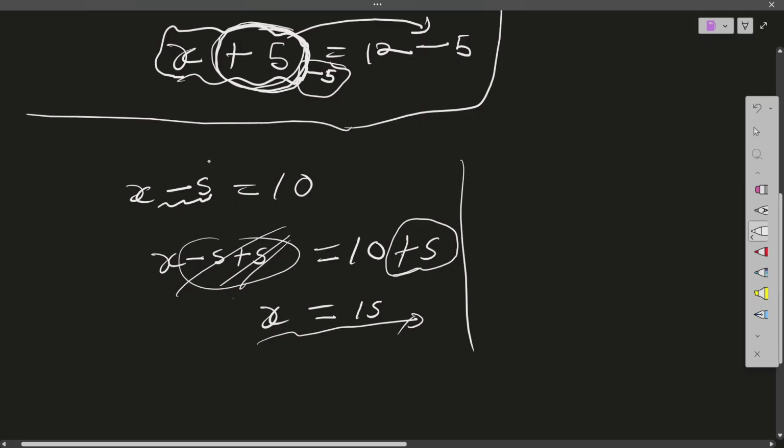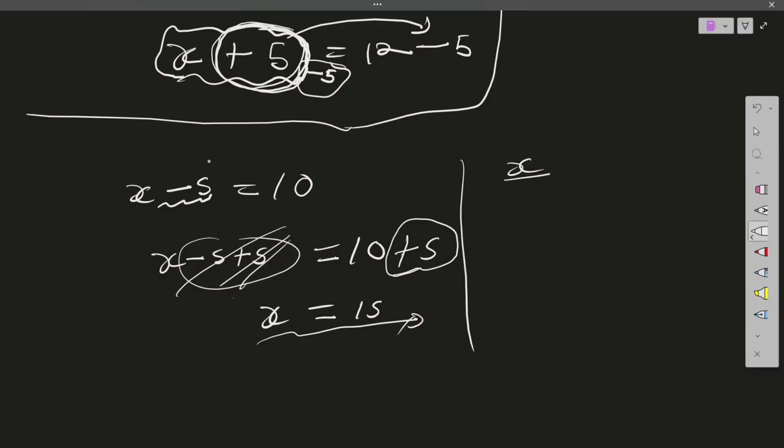Even on division as well, let's say we had x divided by 3 equals 15. If we want to get rid of the division by 3, we must multiply by 3, because we are using the opposite of whatever number is next to the unknown.